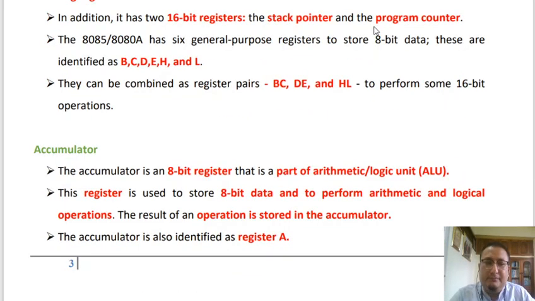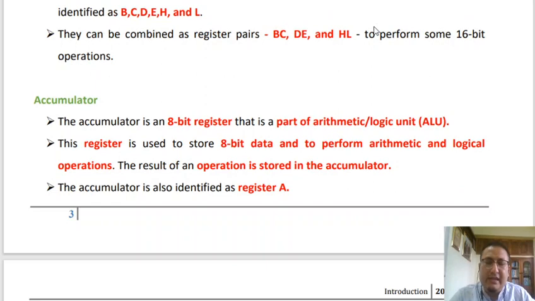Now, the accumulator is an 8-bit register that is part of the arithmetic logical unit. The register is used to store 8-bit data and to perform arithmetic logical operations. So the accumulator forms the default operand whenever an arithmetic logical operation is performed.